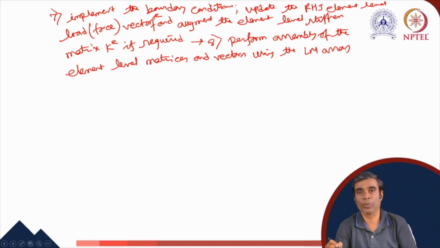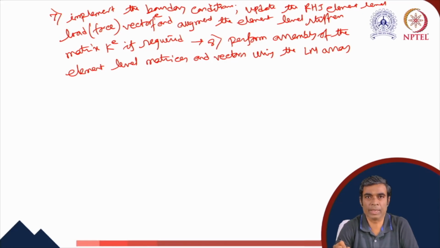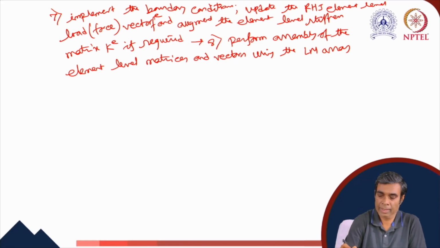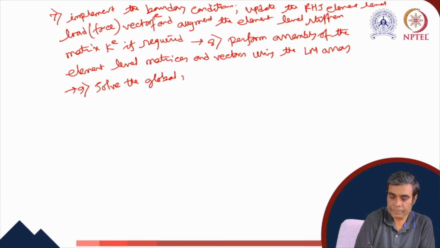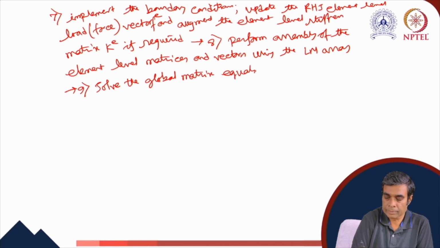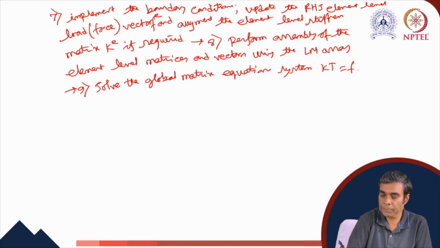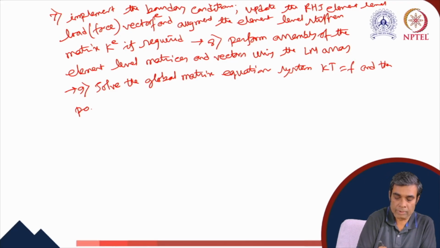LM array is known as the location matrix, which we shall discuss in the next week. And the final step is to solve the global matrix equation system KT equals to F and then post process.